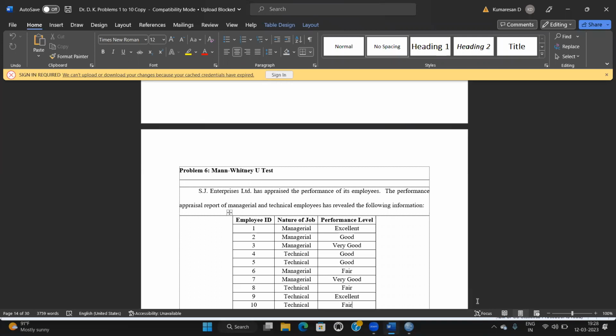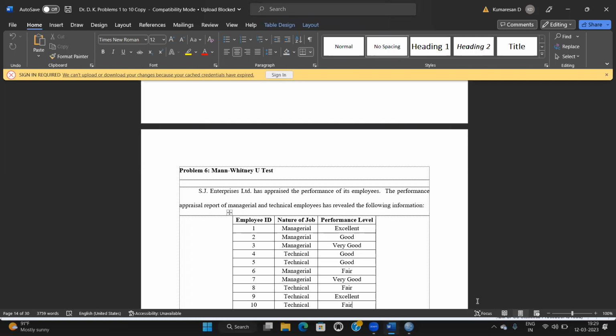Then based on the dependent variable, whether it is scale data or ordinal data. If it is scale data, we apply the independent sample t test. If it is ordinal data, we apply the Mann-Whitney U test. That's all.